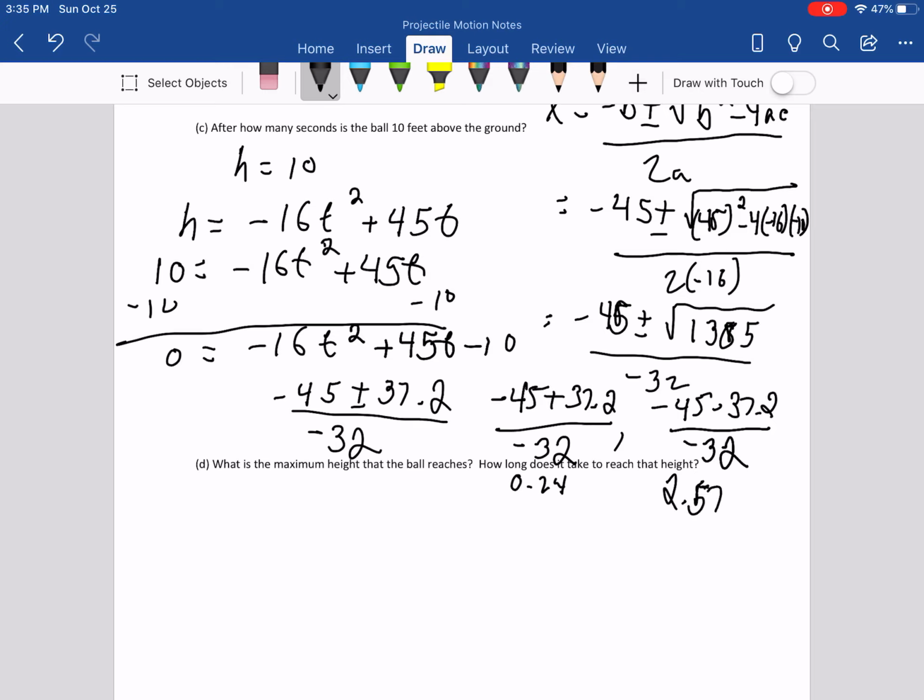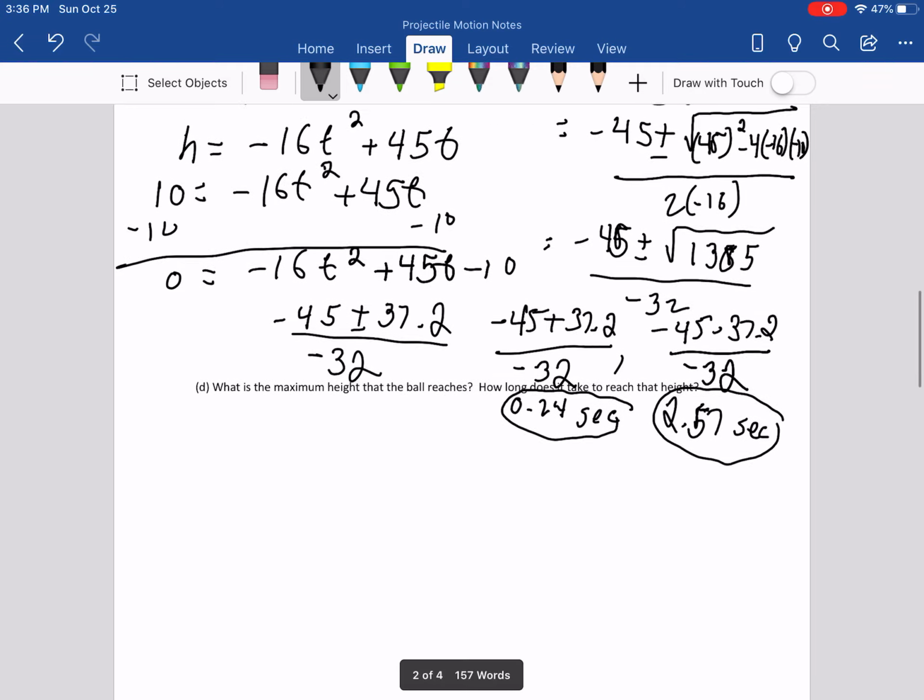Okay, so we have two times where the ball reaches a height of, so this should be 10 meters, not feet, okay? We have two times where the ball reaches a height of 10 meters at about 0.24 seconds, as well as 2.57 seconds.